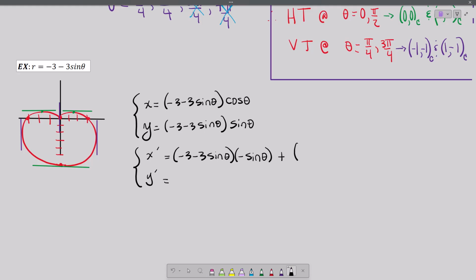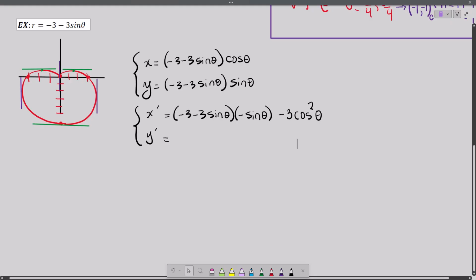I guess I can put a plus and just put parentheses. So derivative of first is going to be minus 3 cosine theta times the second. Oh, that puts a cosine squared. Let's actually get rid of that plus. Let's make that neater looking. So we have that.